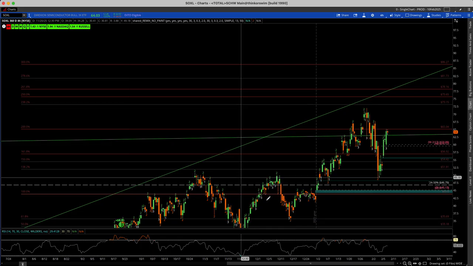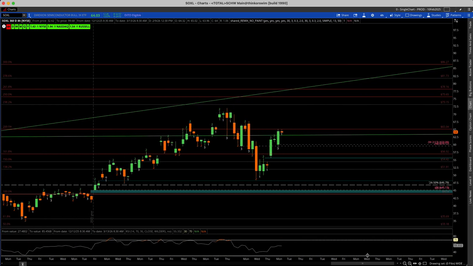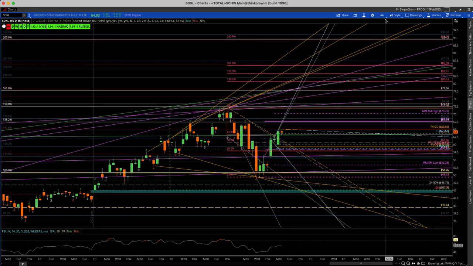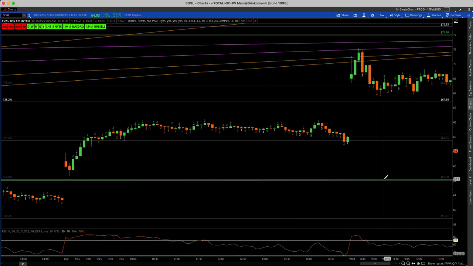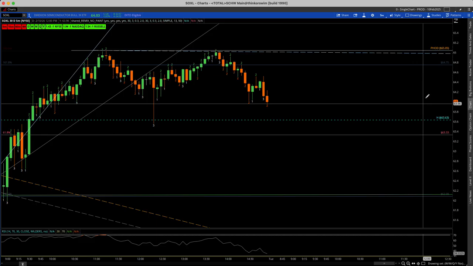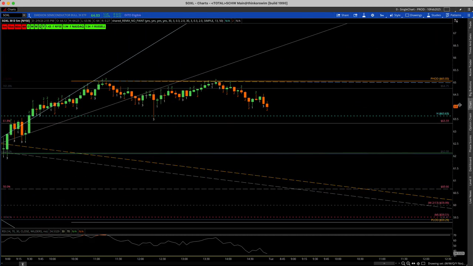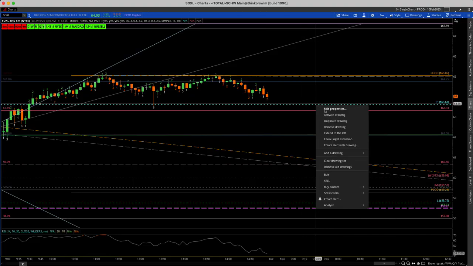Let's go ahead and zoom back in here and start looking at how we're going to play tomorrow. Let's get the right chart up here. 5 minutes, right? Just from the scalping perspective first. We know that overnight high and overnight low will probably change by the time we get to trading tomorrow.